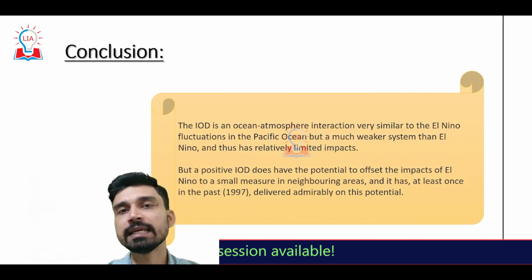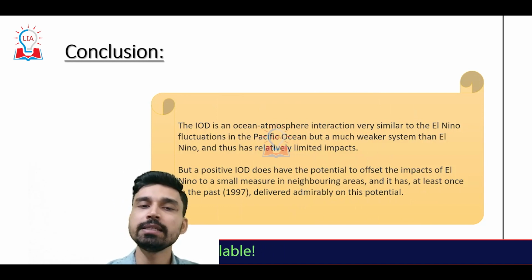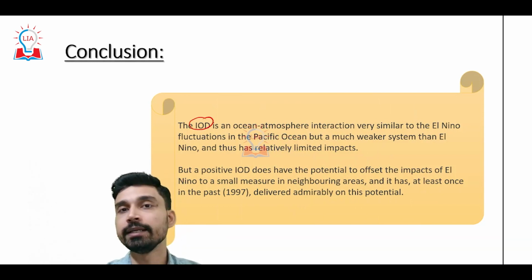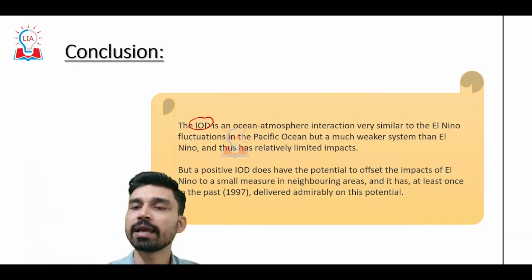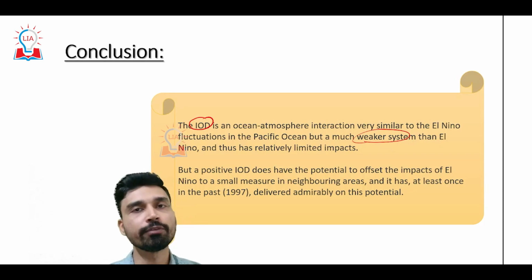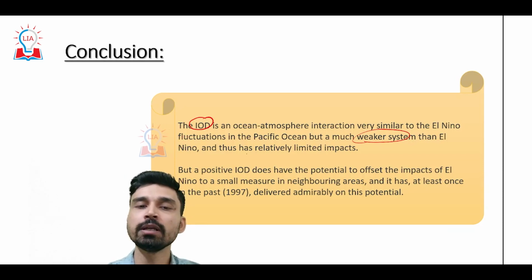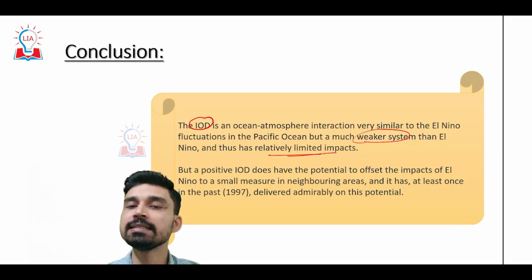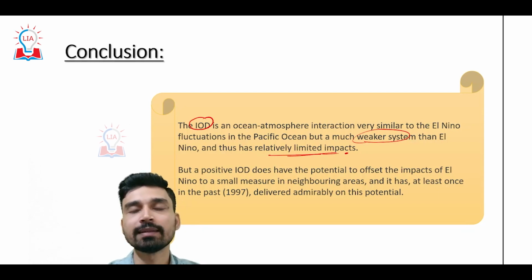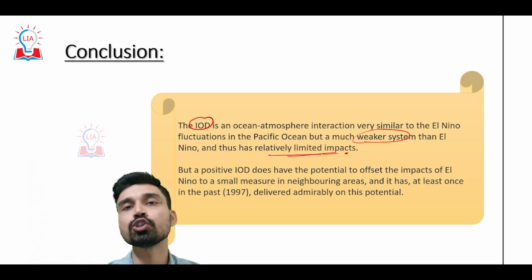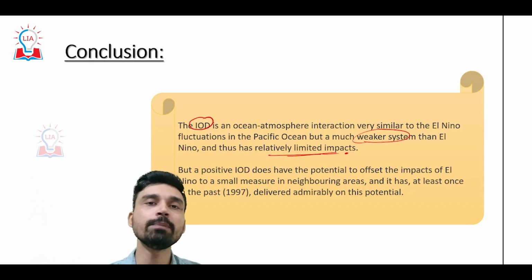Overall, in conclusion, the Indian Ocean Dipole, also called the Indian Nino, is an ocean-atmosphere interaction very similar to the El Nino fluctuations in the Pacific Ocean, but a much weaker system, due to the smaller size of the Indian Ocean, and thus has a relatively limited impact. That means the Indian Nino does not have as strong an influence as its counterpart El Nino in the Pacific Ocean.